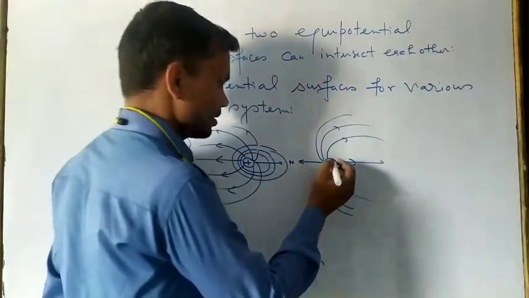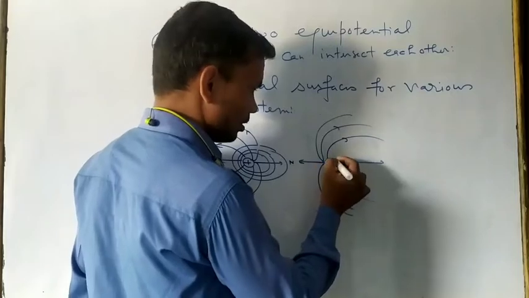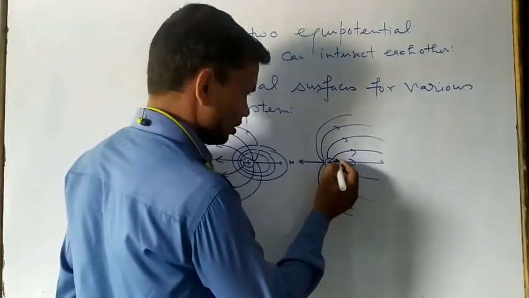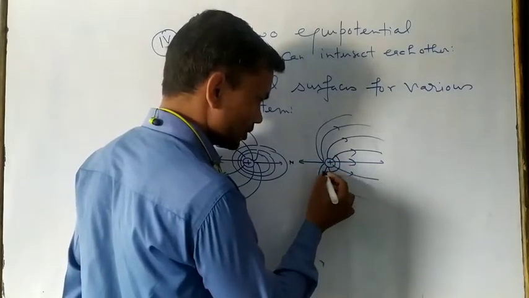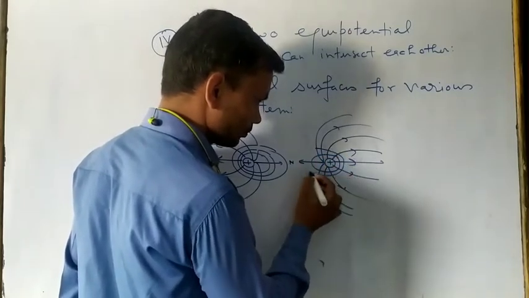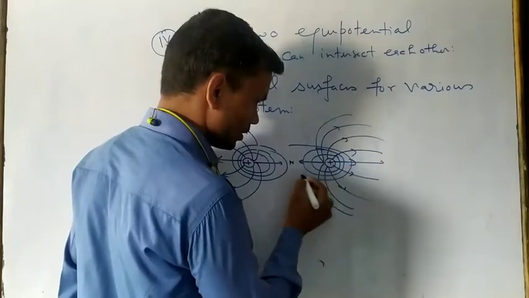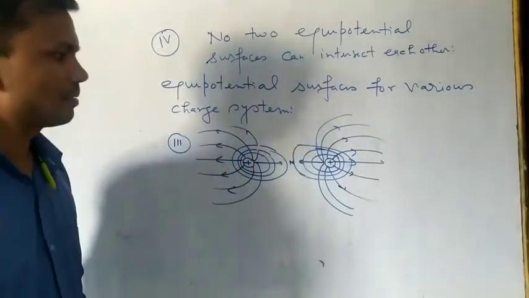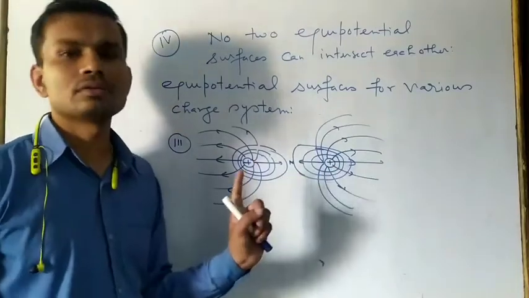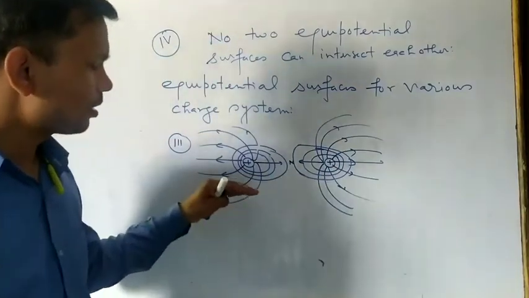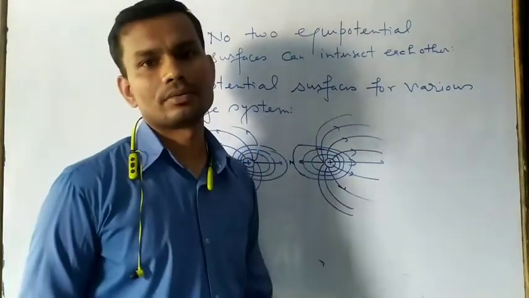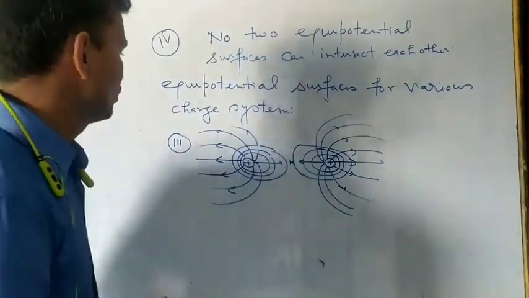Here also it is the same thing: in this region the equipotential surfaces are closer to each other, but on this side the separation is larger in comparison. So this is the pattern of equipotential surfaces when we take equal similar charges.